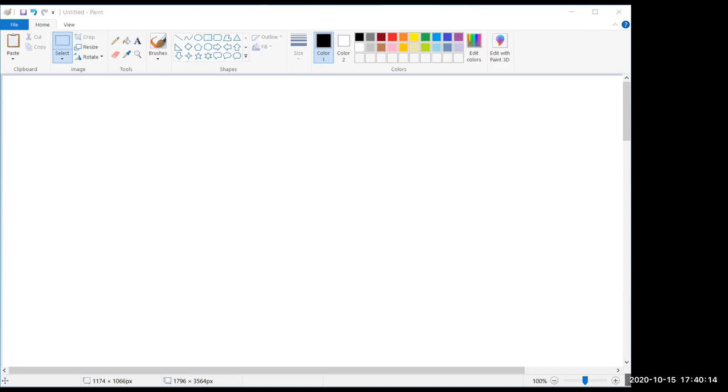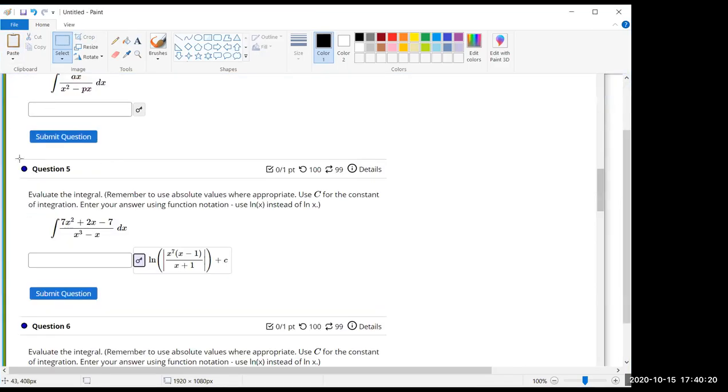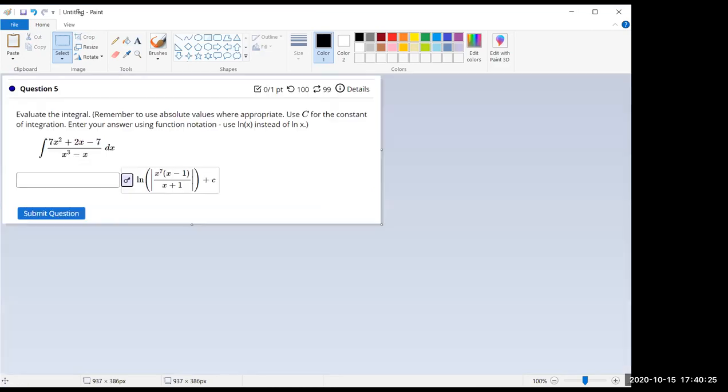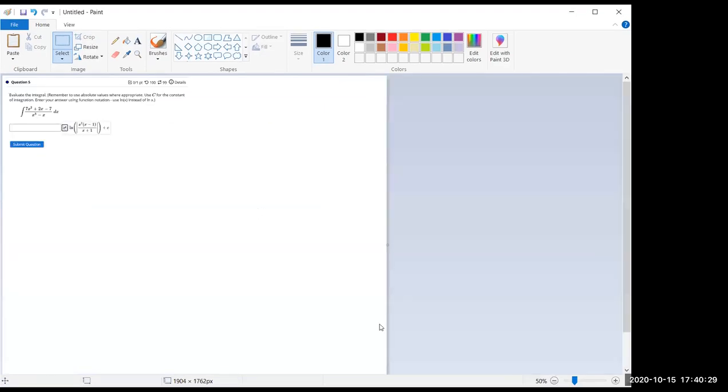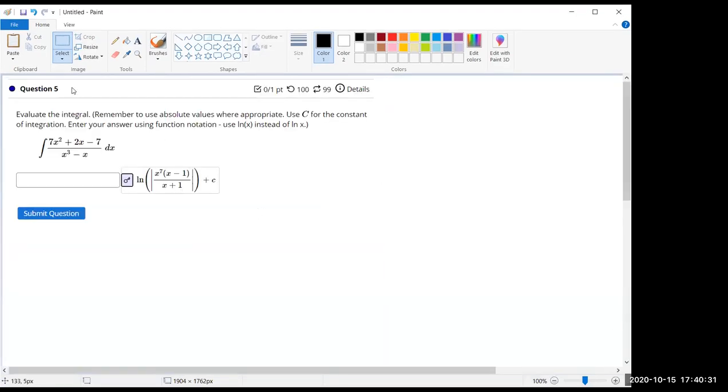All right. Is this question 5? Yep. Okay. Sure, let's try this one. So evaluate the integral, and this is partial fractions.